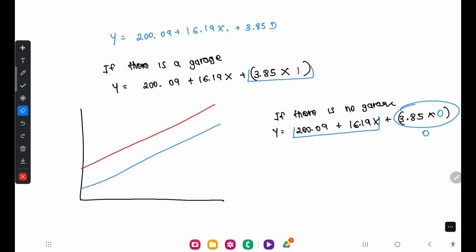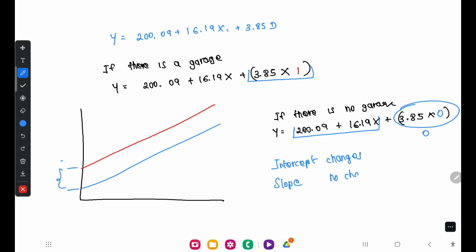So by adding a dummy variable in an equation, what has happened? Your intercept has changed, right? Intercept has increased from here to here. So intercept changes. But does your slope change? No, the slope remains the same.